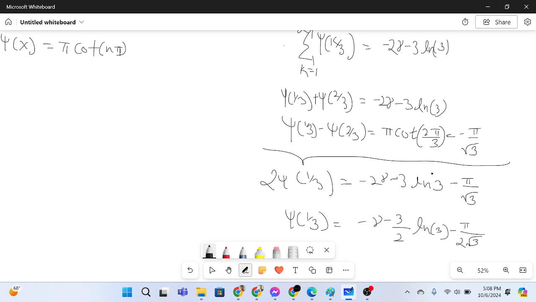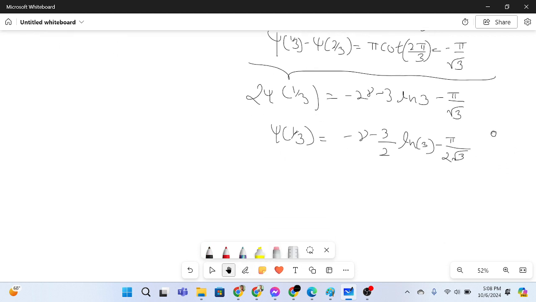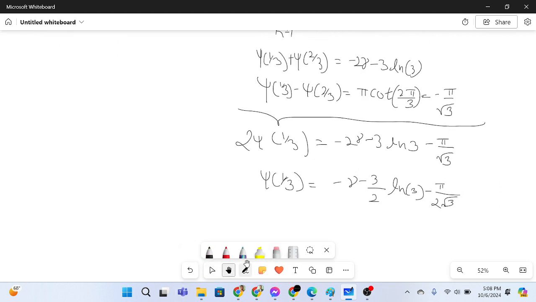Yes. Okay, and now if we subtract these two, we get the value of digamma 2 by 3. We have to subtract as well as divide by 2, right? So if we just subtract and divide by 2, we get minus gamma minus 3 by 2 ln 3 and then plus pi by 2 root 3, right? Yeah. So we have got these values.